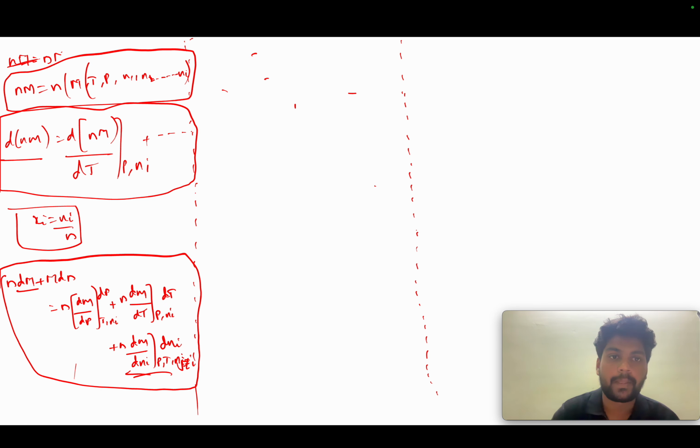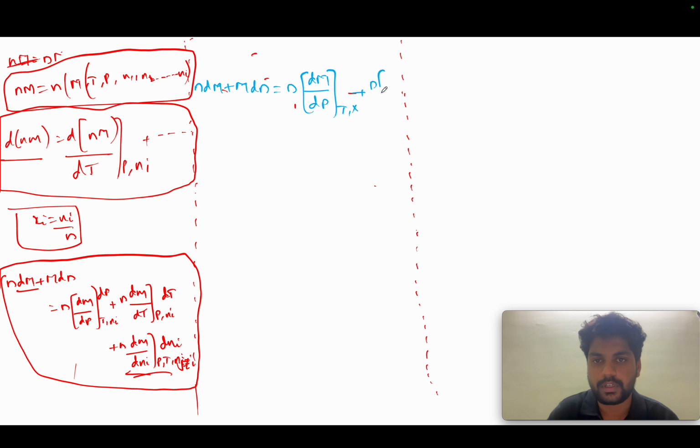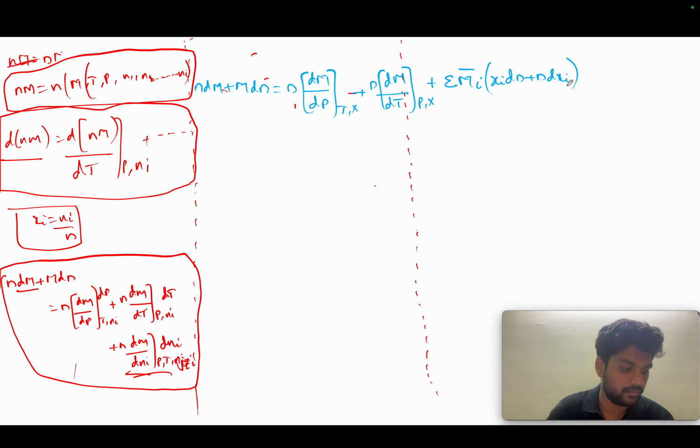Now what I'm doing is writing this equation. From this equation we are going to this equation.